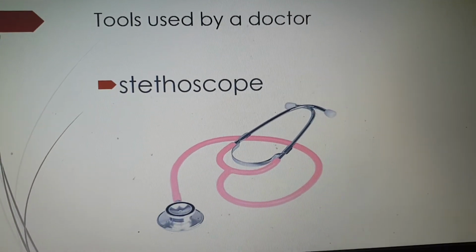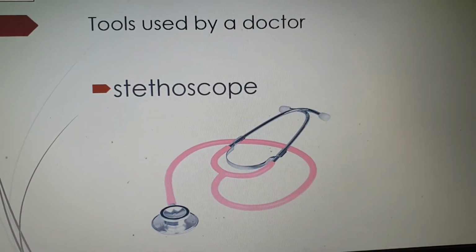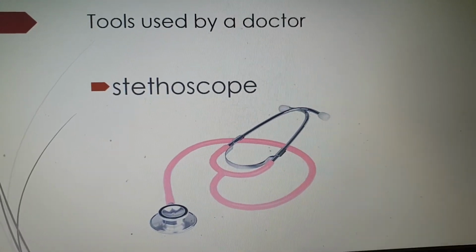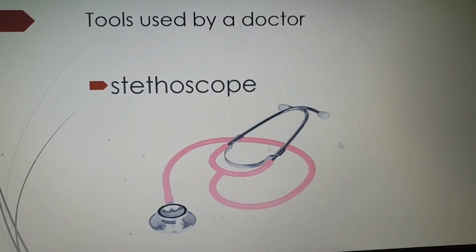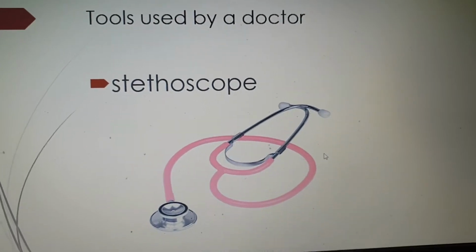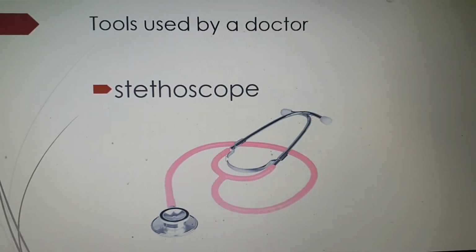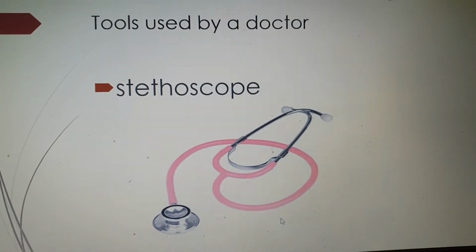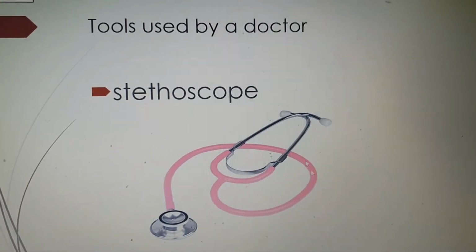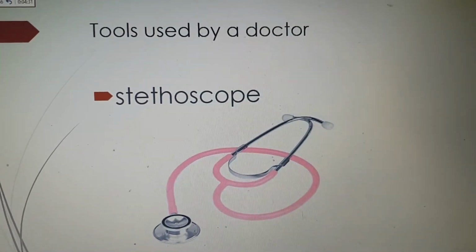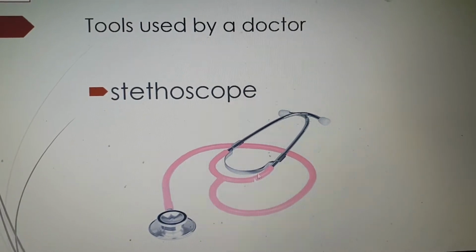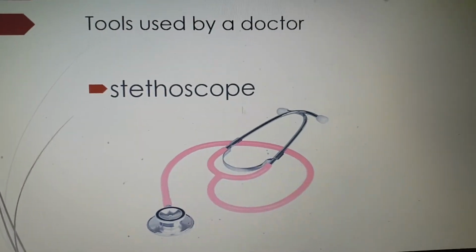Yeah, this is called a stethoscope. Now, this is what a doctor uses. A teacher does not use a stethoscope. Have you seen Miss Sharma using a stethoscope? No. Have you seen Miss Rona using a stethoscope? No. Only a doctor and a nurse use a stethoscope.